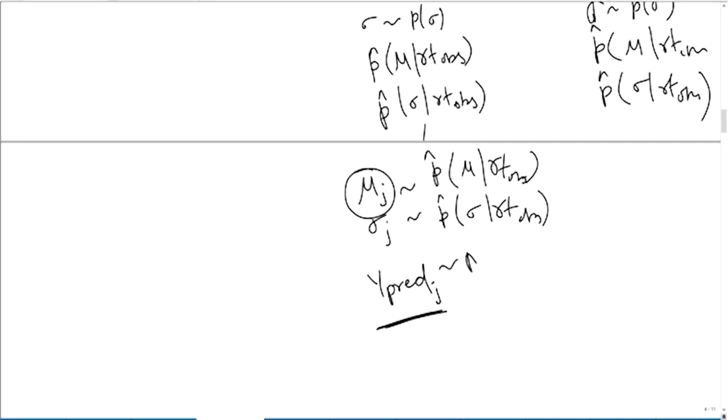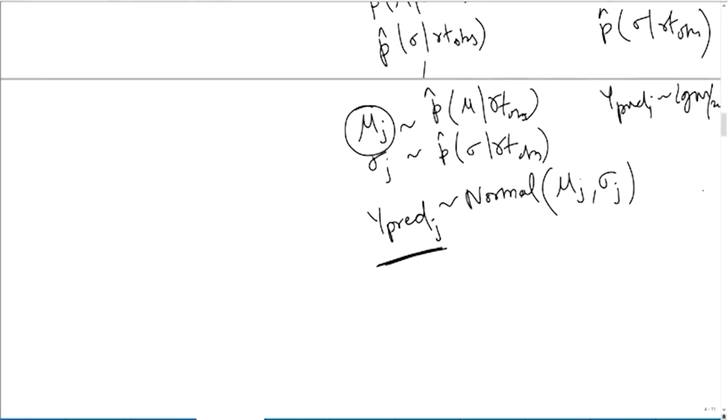In this case, it comes from normal distribution, so conditional on mu j and sigma j. In this case, ypred j comes from log normal mu j and sigma j. So this is the jth sample.